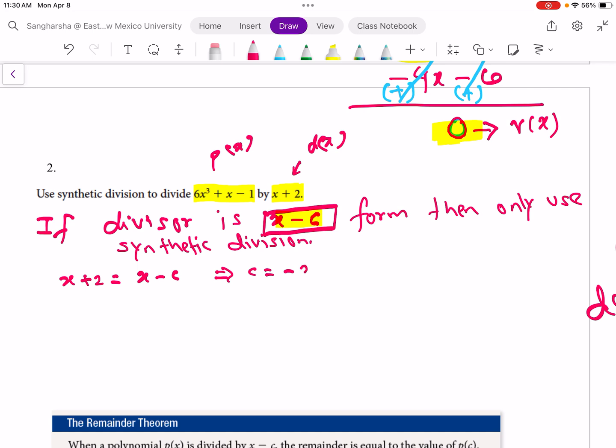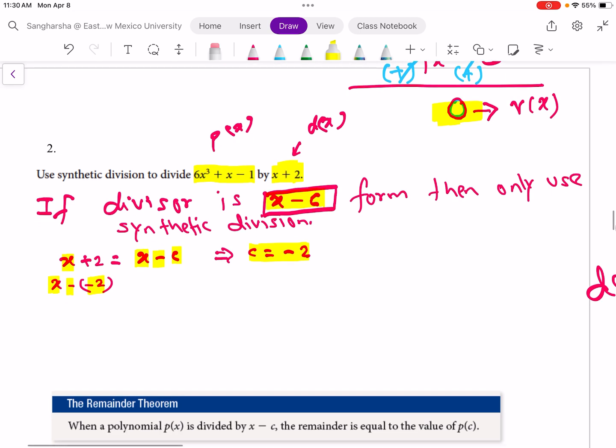So x plus 2 is the same as x minus negative 2. For x we have x, for the minus sign we have minus, for c we have negative 2, and that is why our c is negative 2. That's the very first step: you find c by comparing your divisor with x minus c. If you have a positive, it will be negative. If you have a negative, it will be positive.